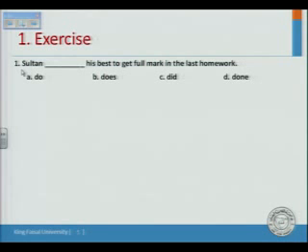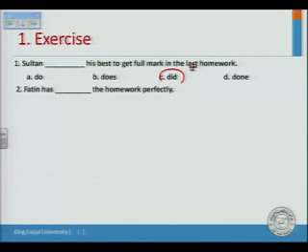So since we have the word last, the answer is did. So Sultan did his best to get full mark in the last homework. The next one: Fatin has.